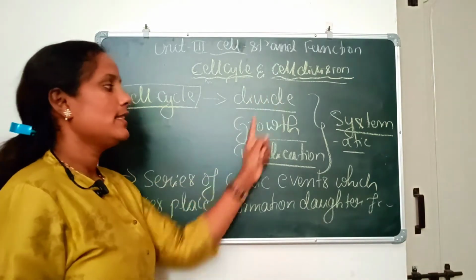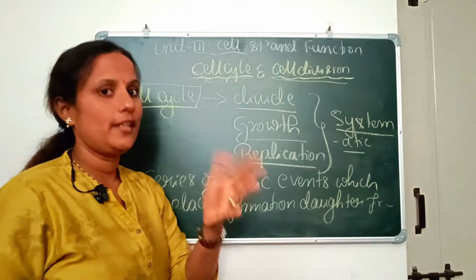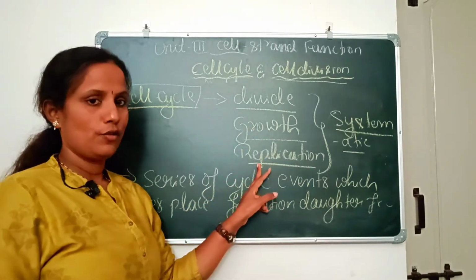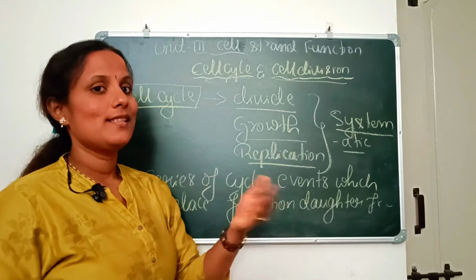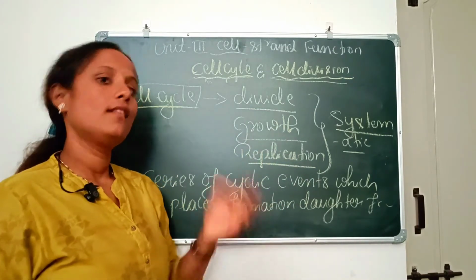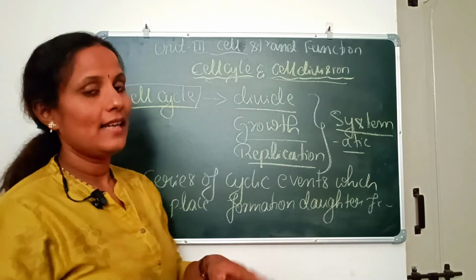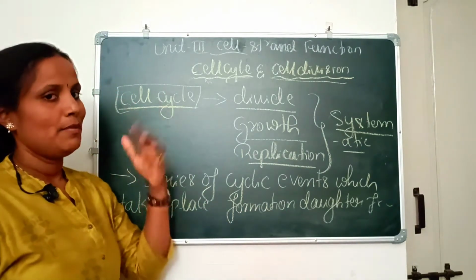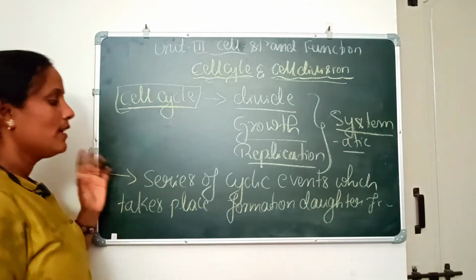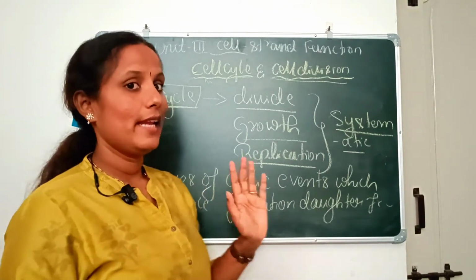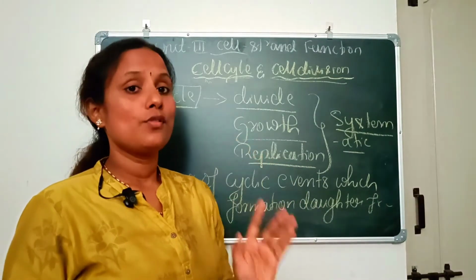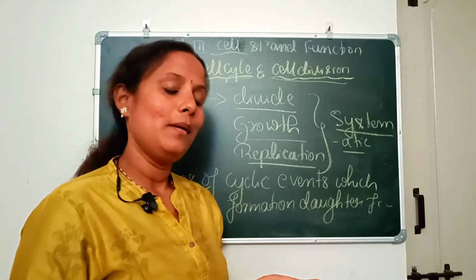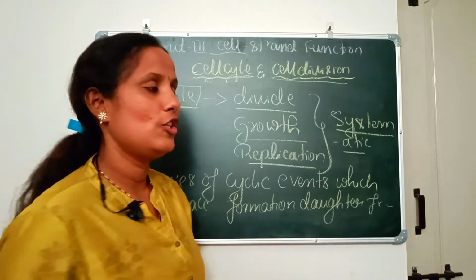That means the major events, division of the cell, growth of the cell, and replication of DNA, should take place in a systematic way during the division of the cell, and these events constitute the cell cycle. So the definition of cell cycle is the series of cyclic events which take place during the formation of daughter cells from a parental cell, that is, during cell division.